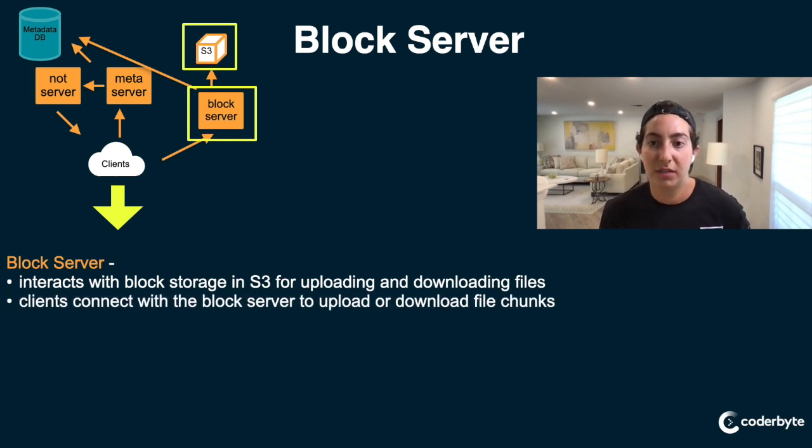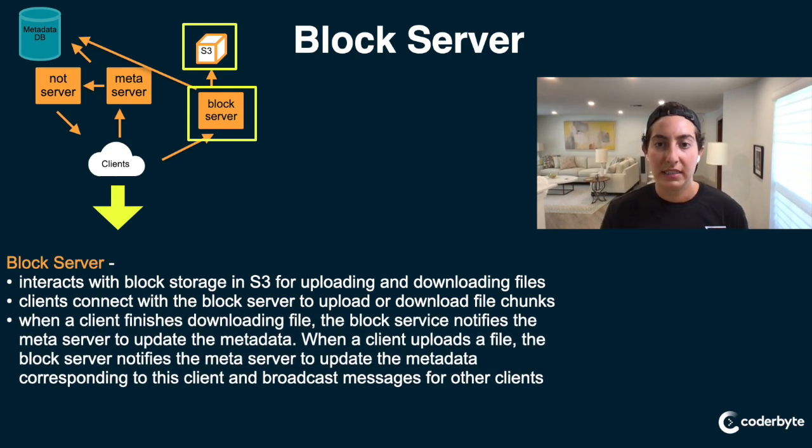The clients connect with the block server to upload or download file chunks. When a client finishes downloading a file, the block service notifies the meta server to update the metadata. When a client uploads a file, the block server notifies the meta server to update the metadata corresponding to this client and broadcast the messages for other clients.